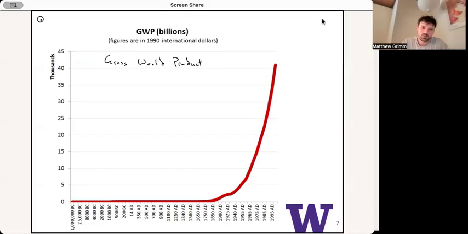Remember, this goes all the way back to minus 1 million BC. Around 1850 is really when we started to see big growth. That was due to the Industrial Revolution. And since technology has gotten better, it's just increased year over year at an exponential rate.